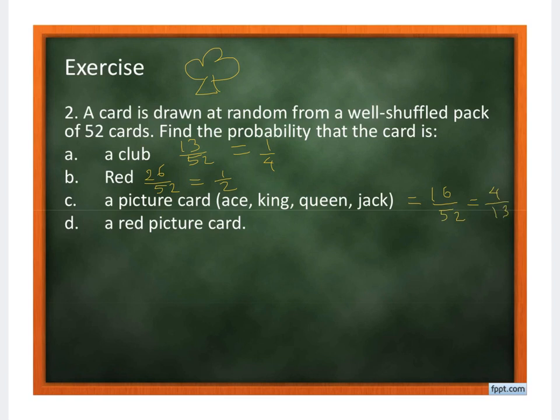A red picture card: there are 2 red aces, 2 red kings, 2 red queens, and 2 red jacks. So the total is 2 times 4, which is 8. 8 over 52 equals 2 over 13.